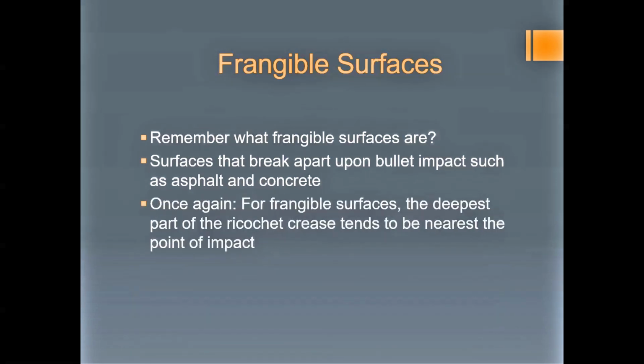So frangible substrate. So for frangible surfaces, the deepest part of the ricochet crease tends to be nearest the point of impact. Okay, that's the opposite of what I just told you for sheet metal, right? The deepest point of the ricochet crease will be nearest the point of impact.